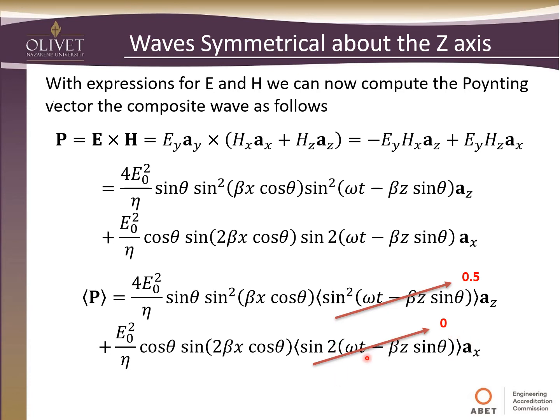Because this one's 0, this whole second term just drops out, and we're left with just this first term divided by 2, which gives us this resultant expression here. So this is our time average power. You can see it's all along the z-axis because that's where our direction of propagation is.